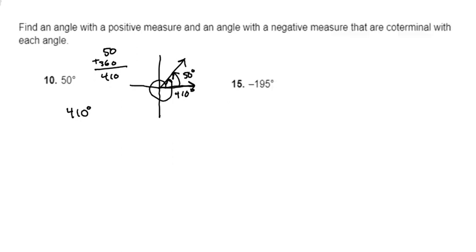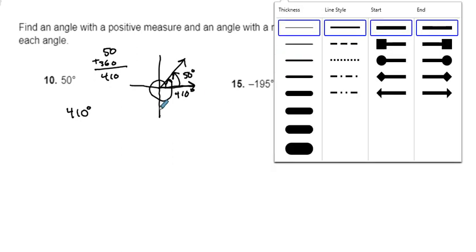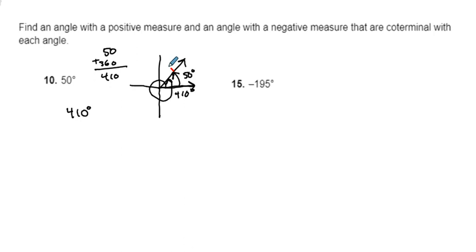All right, so my negative one. What we would do is find the difference. It's starting here, right? And then I'm going to start here and go until I get to the other side of that. So you go the opposite direction and then go until you get to the other side.